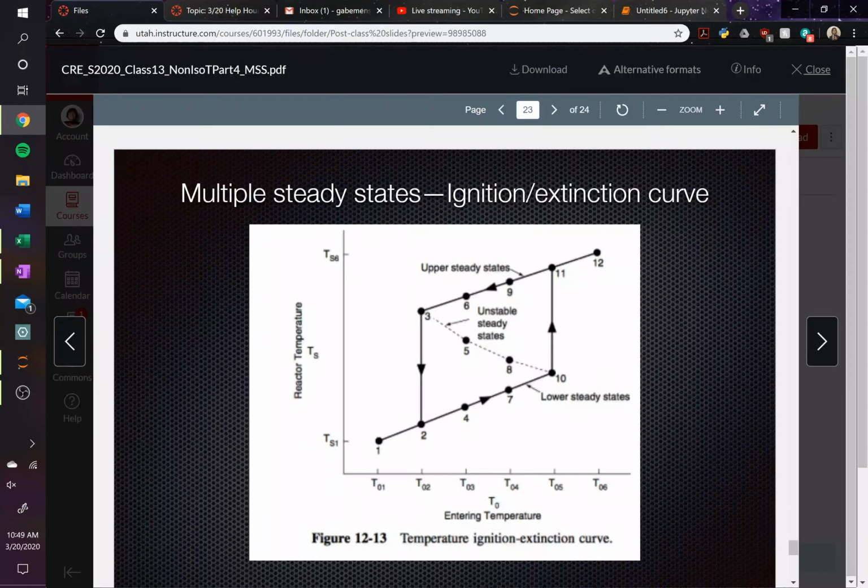I know a lot of you might have the gut instinct to do this in Python, but because of these discontinuities, as well as, if you can see in this region here, there's actually 2 solutions for one entering temperature, that's going to wreak havoc on Python as well. So my advice is to do this in Excel.